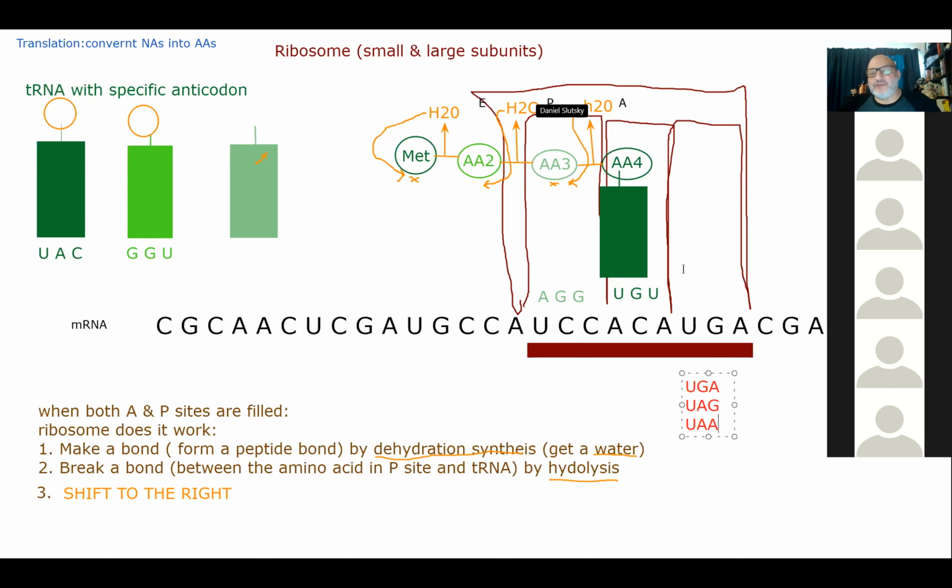Now, remember, we said these were the stop codons. And we also said they don't code for an amino acid. What these special transfer RNAs do is something slightly different. It's not any old random transfer RNA, it's got to have the correct anticodon.